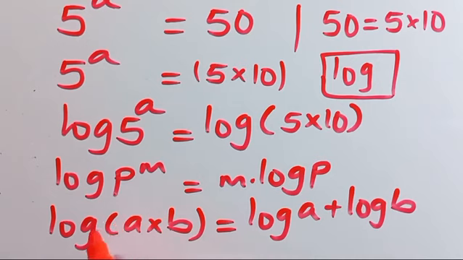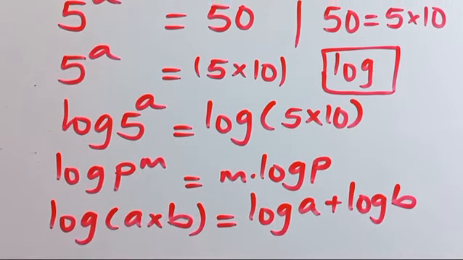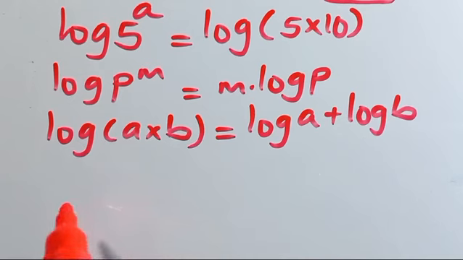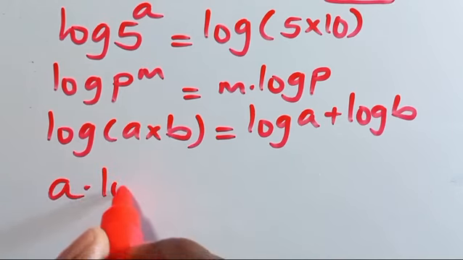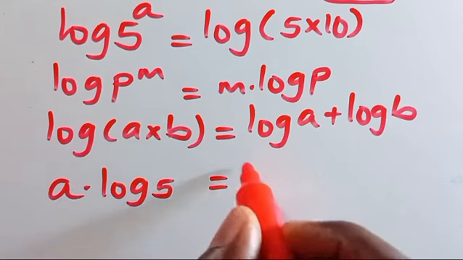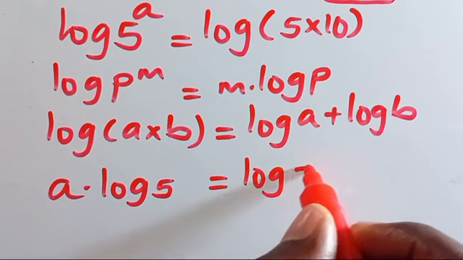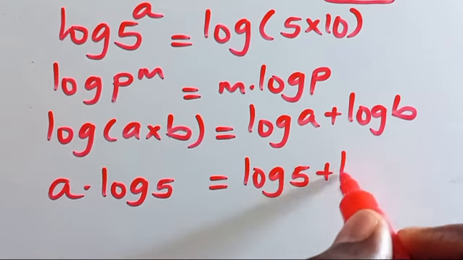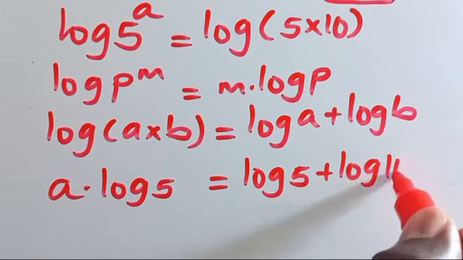So we are going to apply this product law here, and we are going to apply this power law here. So we are going to have it as a times log 5 equals, this will now be log 5 plus log 10.